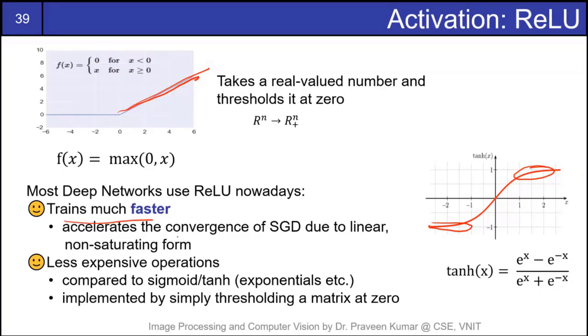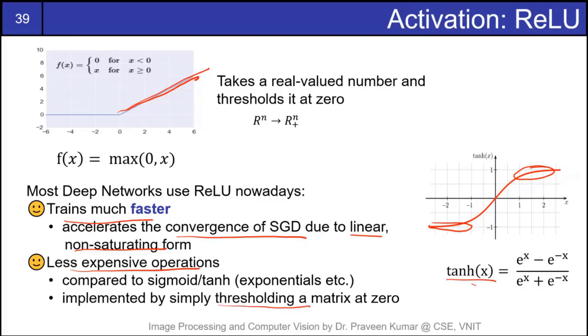So it accelerates the convergence of your stochastic gradient descent algorithm due to the linear non-saturating form of ReLU. Another important advantage of ReLU is that it's a less expensive operation. Computation of the tanh function or sigmoid function involves exponentials, whereas this is simple thresholding.